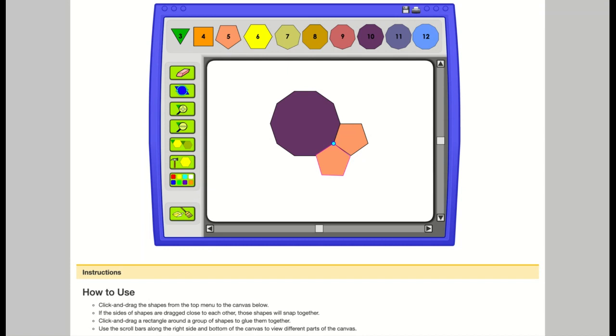That's the difference between regular tiling and semi-regular tiling. In regular tiling, we were using just one type of regular polygon, and in semi-regular tilings, we're using multiple types. So here you have 2 types. You have the regular pentagon and the regular decagon, 5-sided, 10-sided.